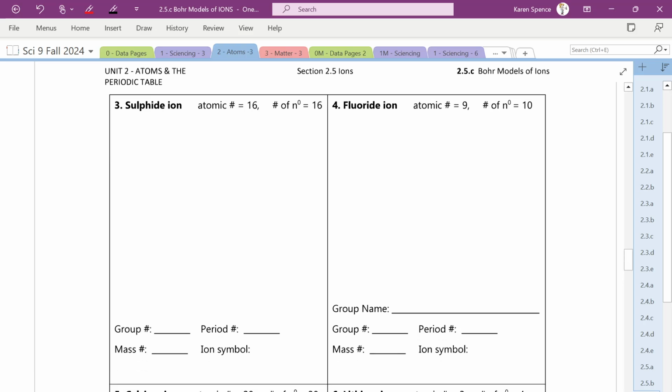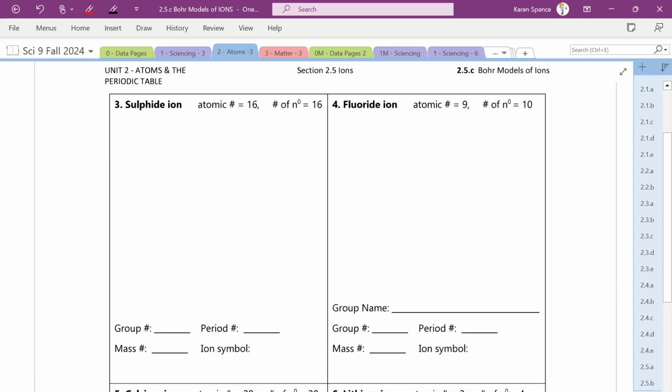Let's try sulfide. Okay? You'll notice what happened to the ending of this one. It's "ide." The ending "ide" means it's an anion. What kind of an ion is an anion? Negative ion.